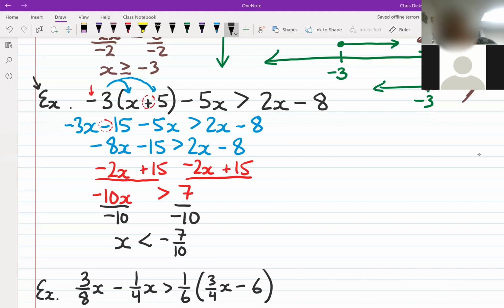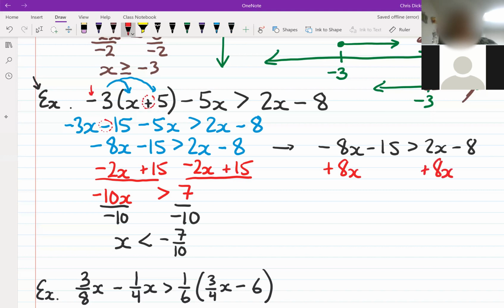So just to show you that other way, I'll do a little bit quicker here. Where were we? Right here. If I was to take -8x minus 15 bigger than 2x minus 8, and I just say, well, I'm going to add 8x here, and I'm going to add 8.